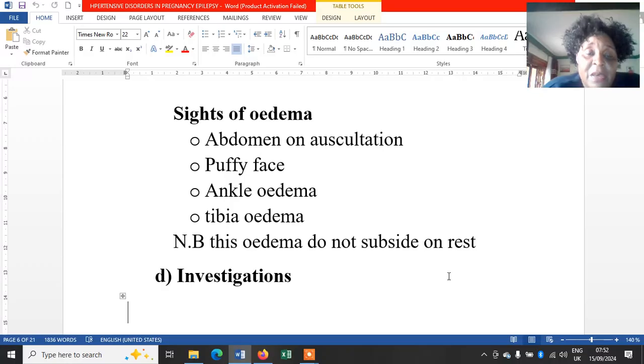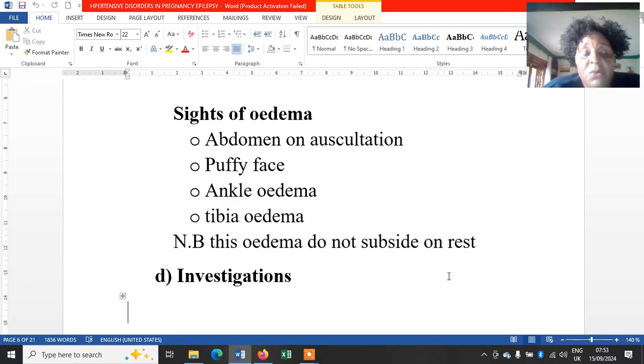Then this mother may report with a puffy face, and as you look at the mother, or if the face is puffy, you check on the ankle and the tibia. All these are signs and sites of edema, which is suggestive of hypertensive disorders in pregnancy.